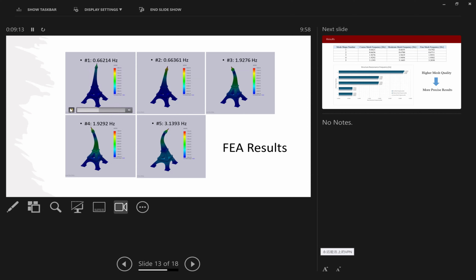And this is the second order vibration. This is the third mode vibration. Just like these 5 pictures.